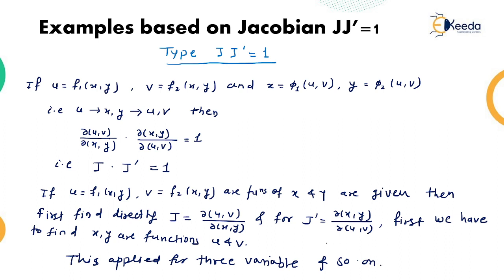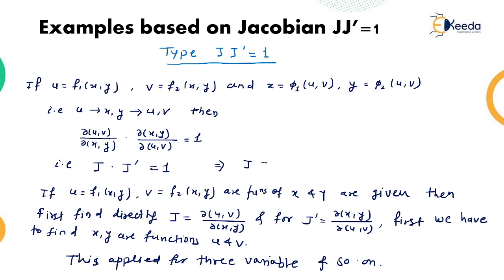Actually this is the process to find J into J dash that is equal to 1, the process of the type J into J dash is equal to 1. Also remember that if you have to verify J into J dash is equal to 1, then you directly take J dash is equal to 1 upon J. So we have to take one more result.